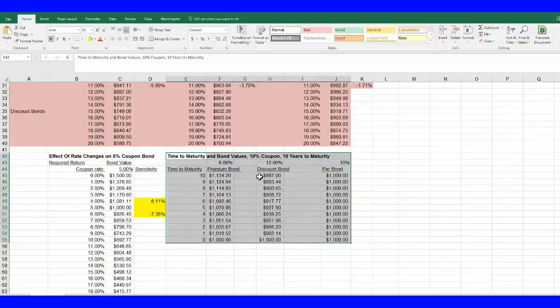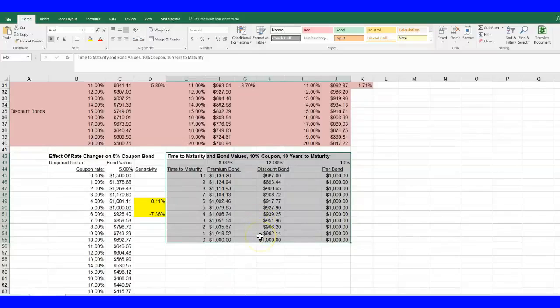But notice what happens to this bond value as maturity decreases. As we go from 10 years left to maturity to only 9 years, the value of the bond increases from $887 to $893. And then as it goes to 8 years, 7 years, 6 years, at 5 years to maturity, the bond has a value now of $927.